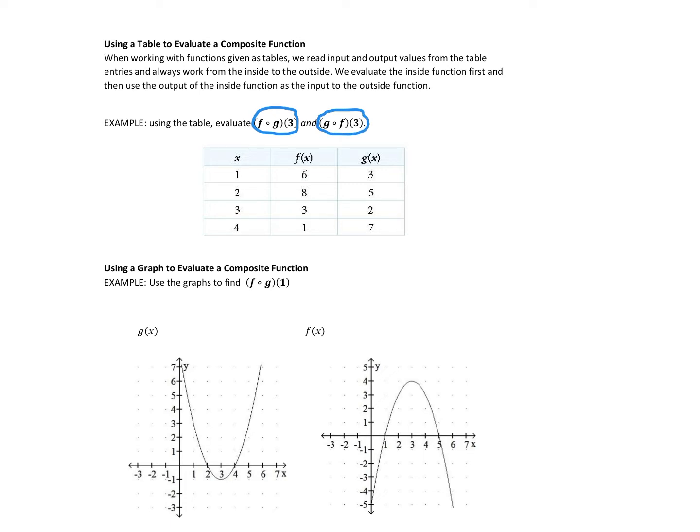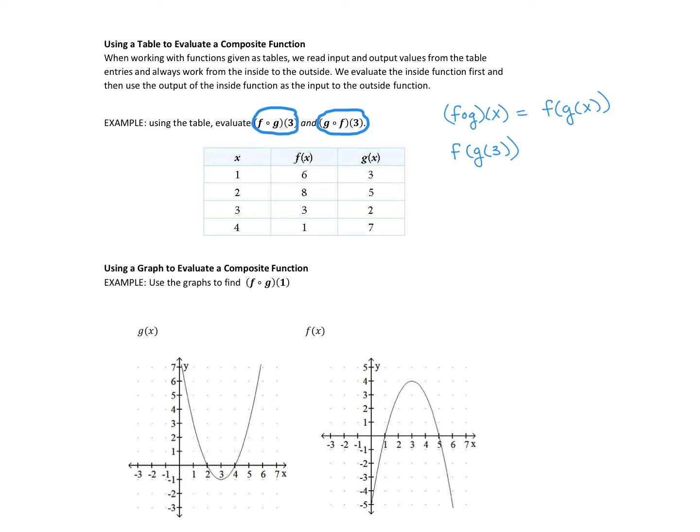Let's write those down using the other notation. For the first one, f composed with g of x is the same as f of g of x. So in this case, we're going to find f of g of 3.